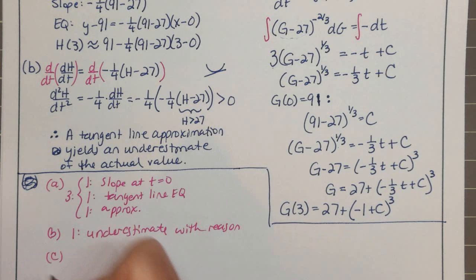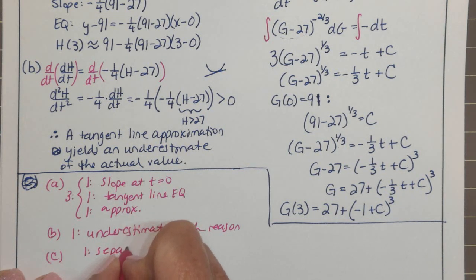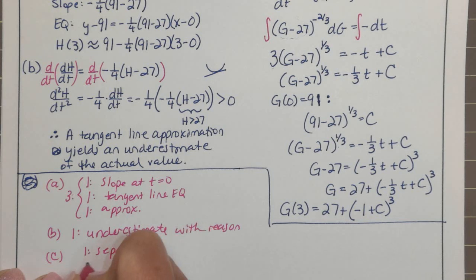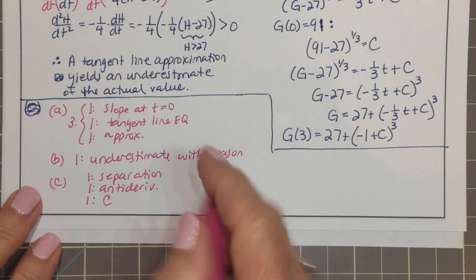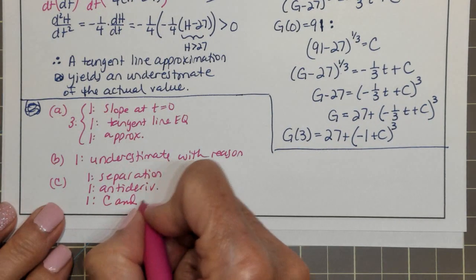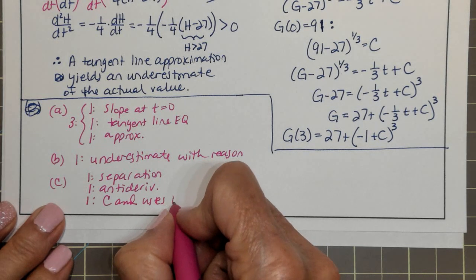And part C. C here was worth 5 points. 1 point was separation of variables. 1 point was for the antiderivatives. 1 point was for the constant of integration and uses the initial condition to find c.